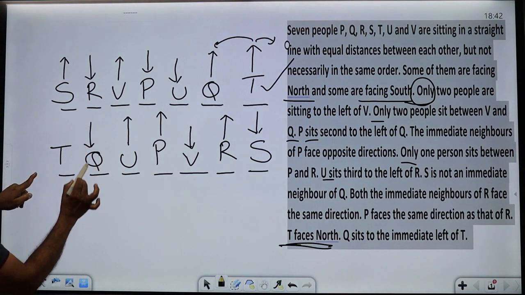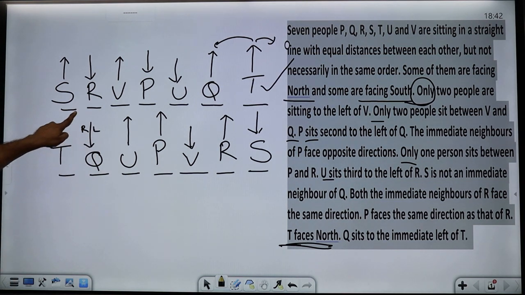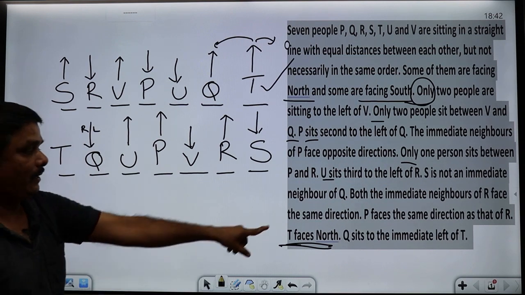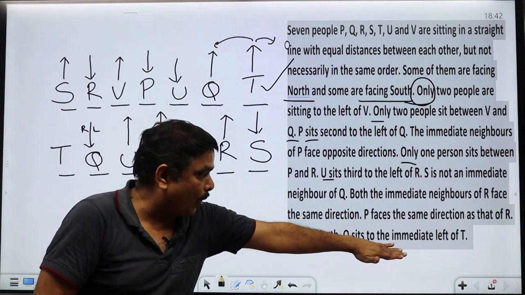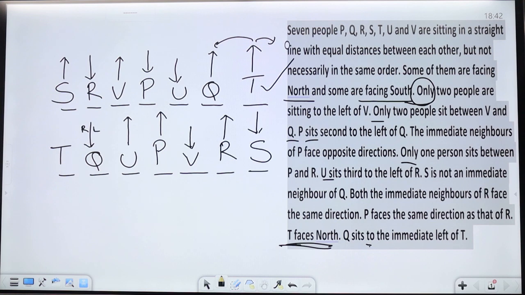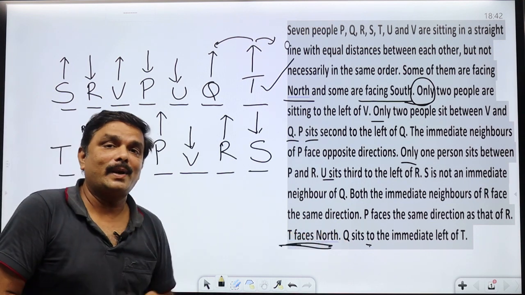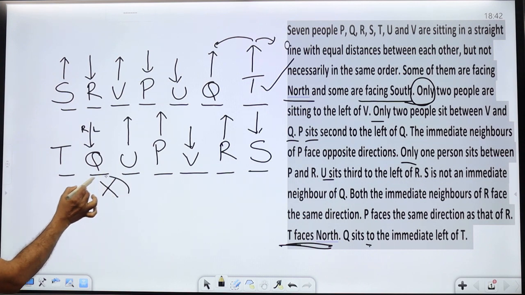For a person who is facing south, this is the left side, this is the right side. According to this, T is sitting to the right of Q, not on the left side as mentioned in the given data. That means this clue is violated here. I am not able to fulfill this one. For that reason, this arrangement is wrong.